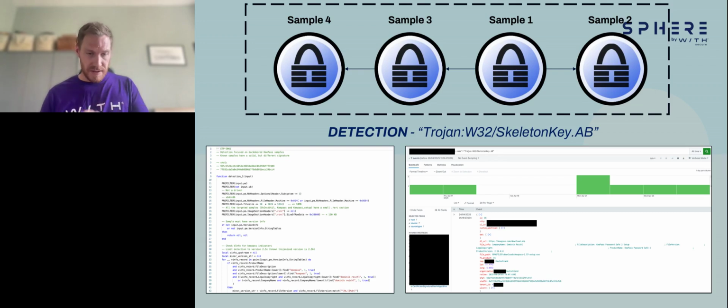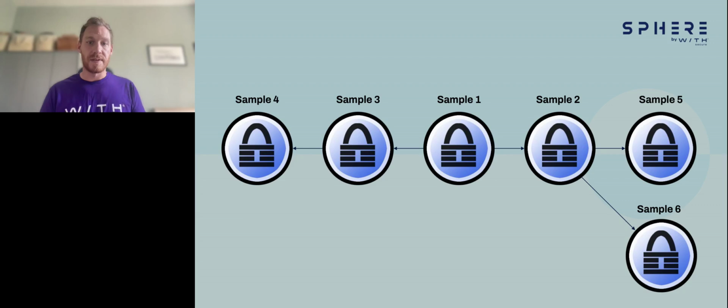You can see on the screen some detection logic that we utilized for this, but also a screenshot of our Splunk database, which maybe isn't the most visually appealing, but it gives us an idea of where we have other malicious samples that have matched our detection across our EPP estate, potentially sitting in the download folder of our users, for example. And we find some more samples. We actually find 2 more samples.